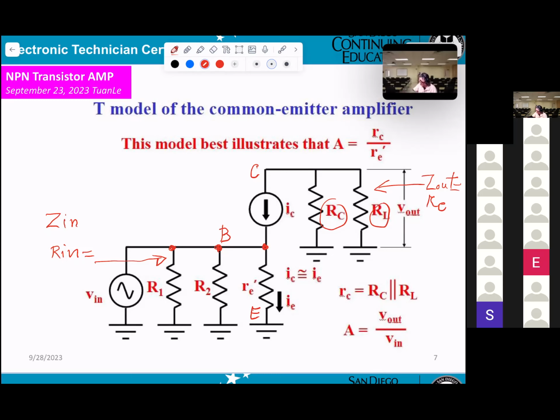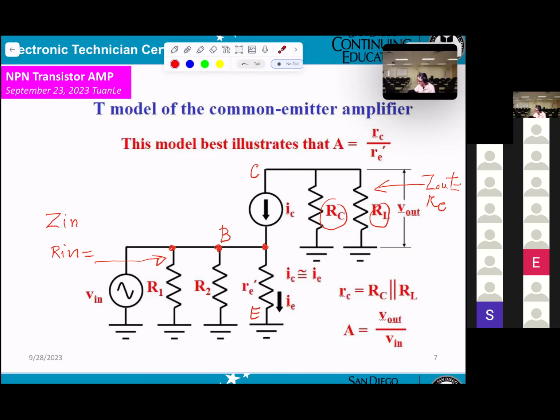When you're looking into the amplifier from the input, whatever resistance you get, that's what they call the input impedance, or R in, same thing. When at the output here, you're looking into the amplifier, see what resistance you get, that's what they call the output impedance. Or in this one, they call it RC. Okay? RC means output impedance.